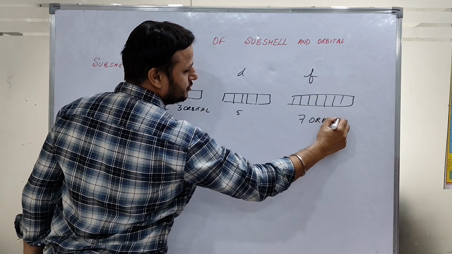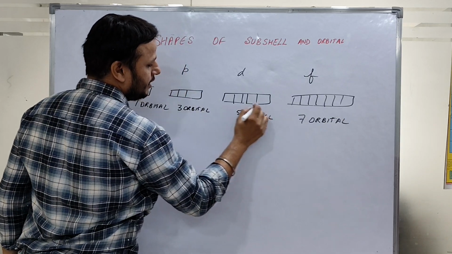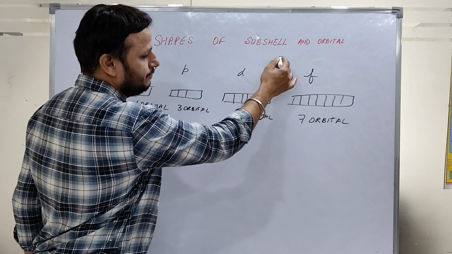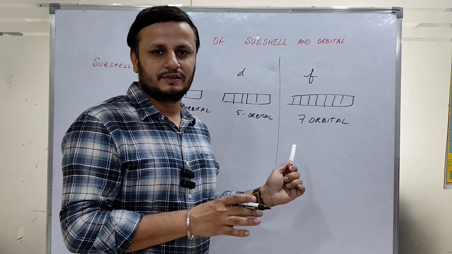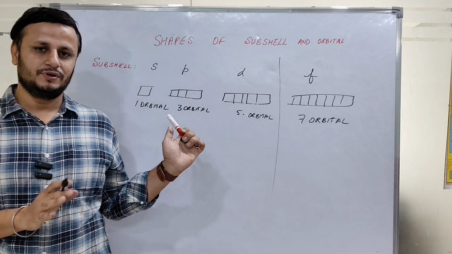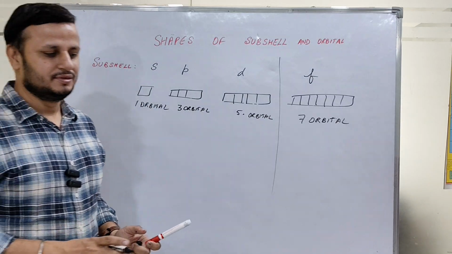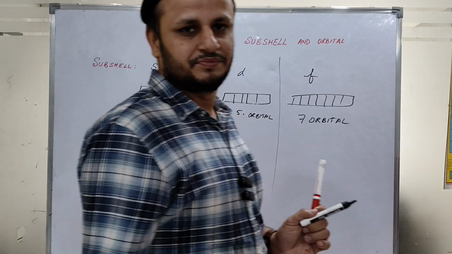So we have to discuss the shape of S, P and D orbitals, and F is not part of the syllabus as it is very complex. So we have to study S, P and D subshells, their orbitals and their nodal planes.